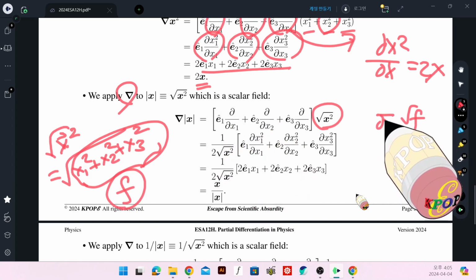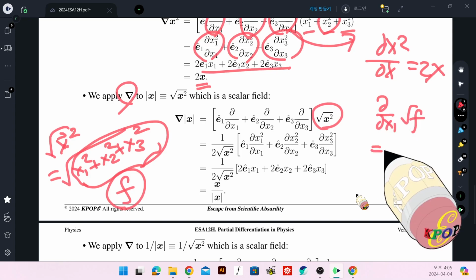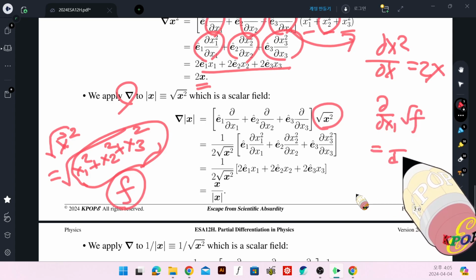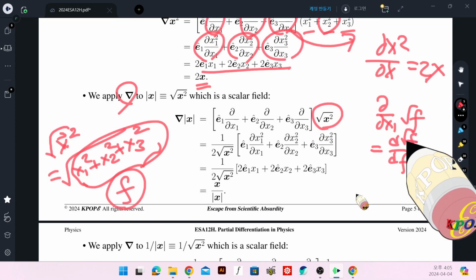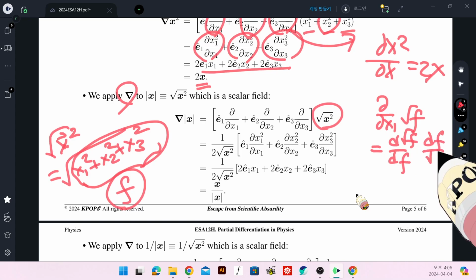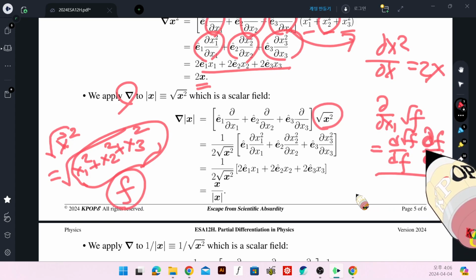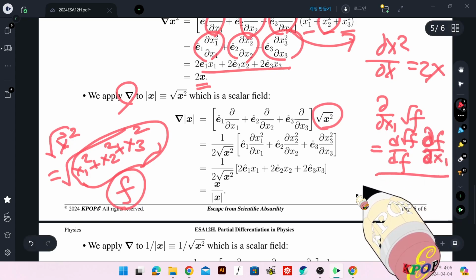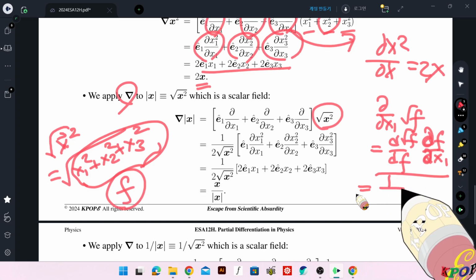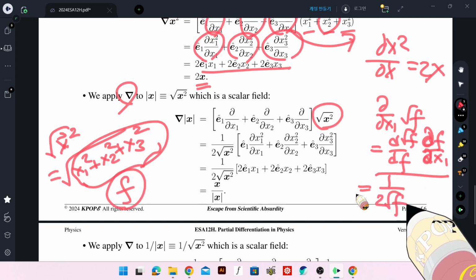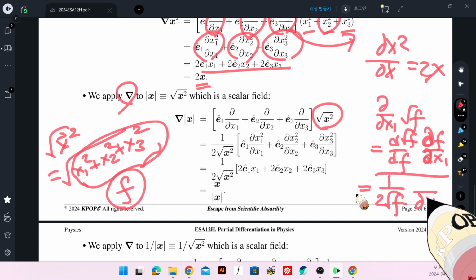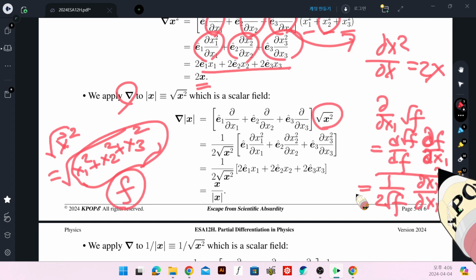For example, the chain rule. So this should be a partial derivative. So this one is 1 over 2 square root of f, and this is x1 squared only.